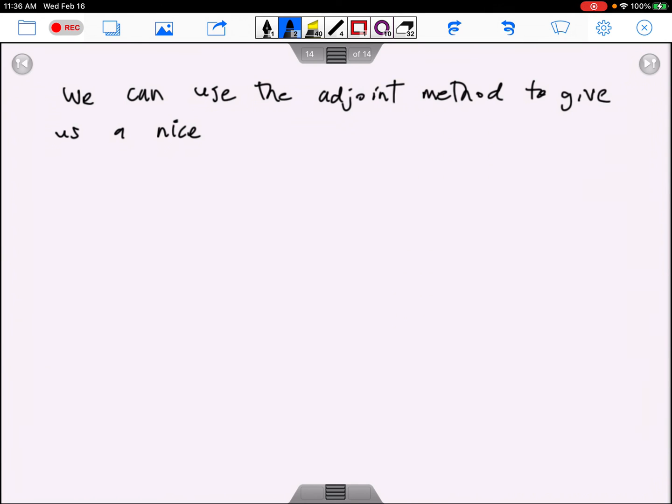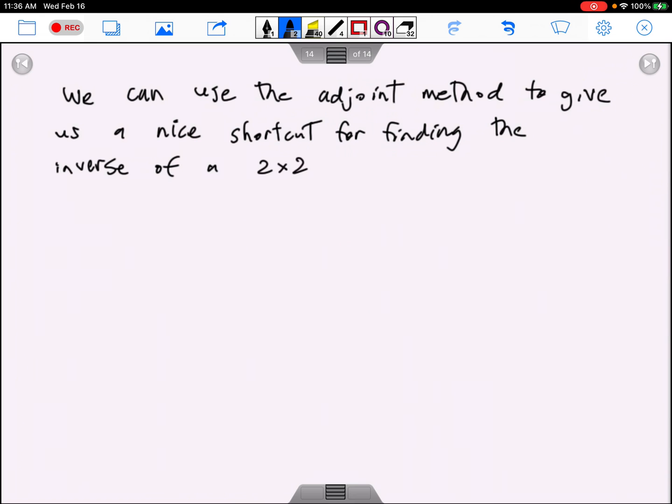It's not really a formula, it's more like a nice shortcut for finding the inverse of a 2x2 matrix. So let's go ahead and do that for a 2x2 matrix. So what is the 2x2 case?